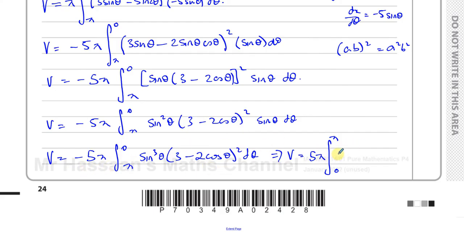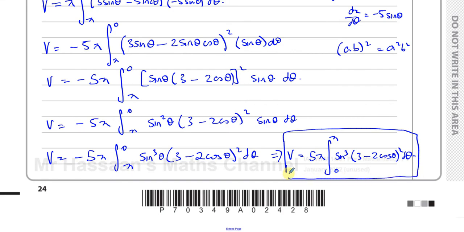So then I'm going to have exactly the same as what's in here. We haven't integrated yet. We just were asked to put it in this form. So 5 pi, sine cubed theta, 3 minus 2 cosine theta, and then squared d theta. So there's the answer to part A of the question.